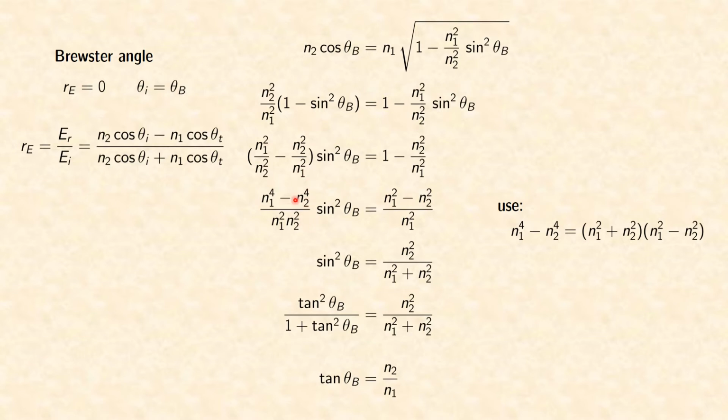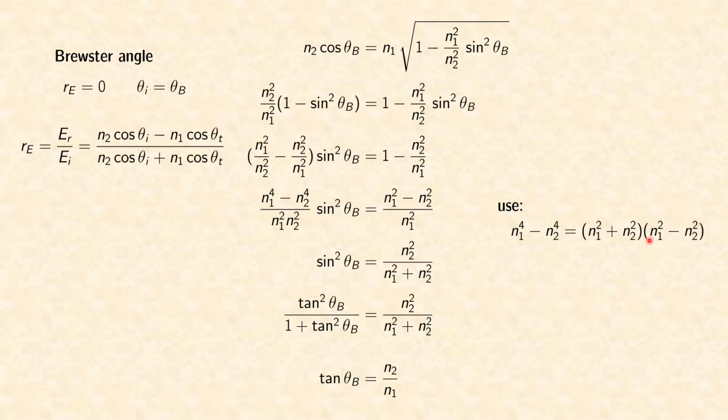Now in the next step, we go to common denominator here, which gives us n1 to the power of 4 minus n2 to the power of 4 here, and on the right hand side n1 to the power of 2 minus n2 to the power of 2. In the next step, we use the fact that n1 to the power of 4 minus n2 to the power of 4 is equal to the product of n1 squared plus n2 squared times n1 squared minus n2 squared.